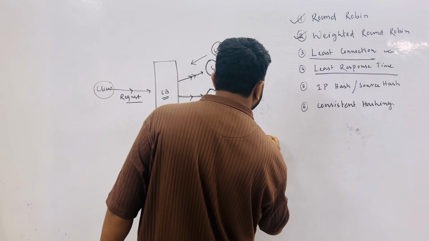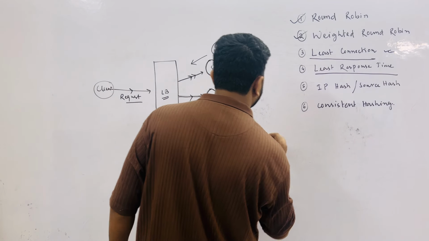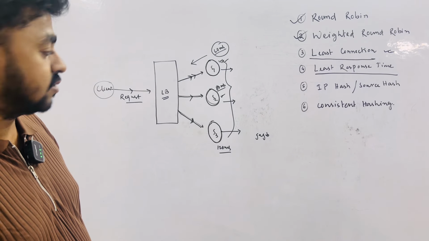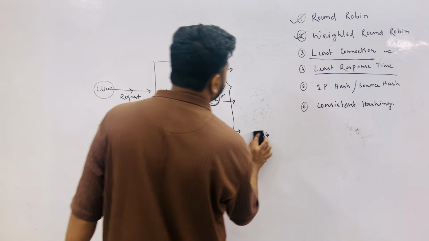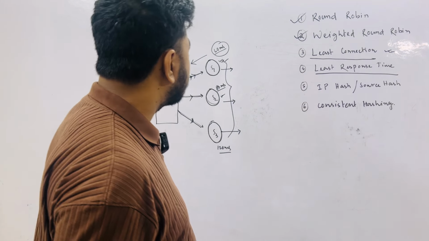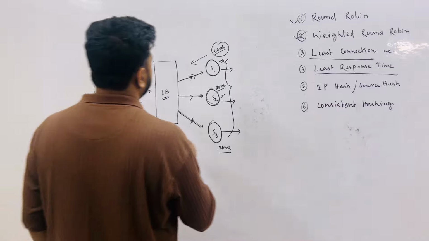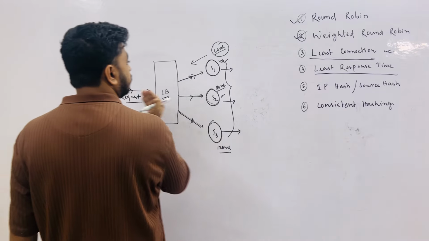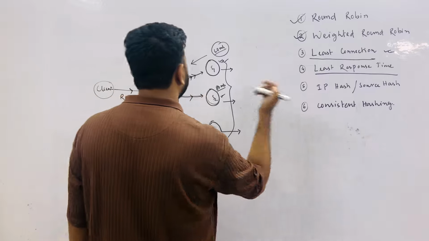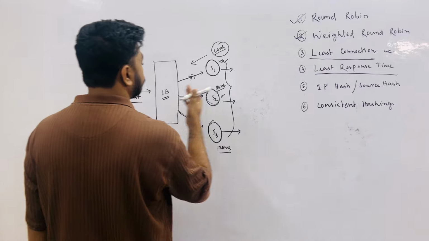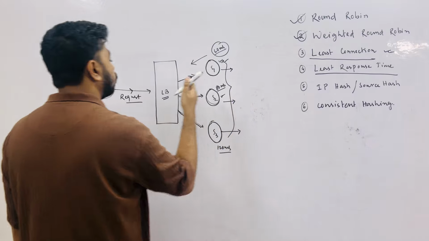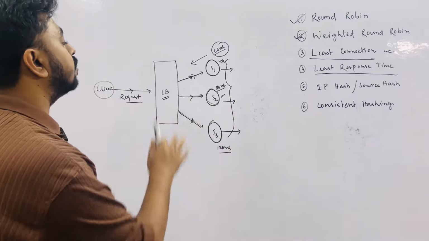Suppose garbage collection is happening in the code. So your server is busy collecting the garbage, right? So at that time your request processing will get slow, and your response time will increase. So in those cases, whenever you use this least response time, your load balancer will always distribute the traffic to the server which is sending the response in the minimum time.